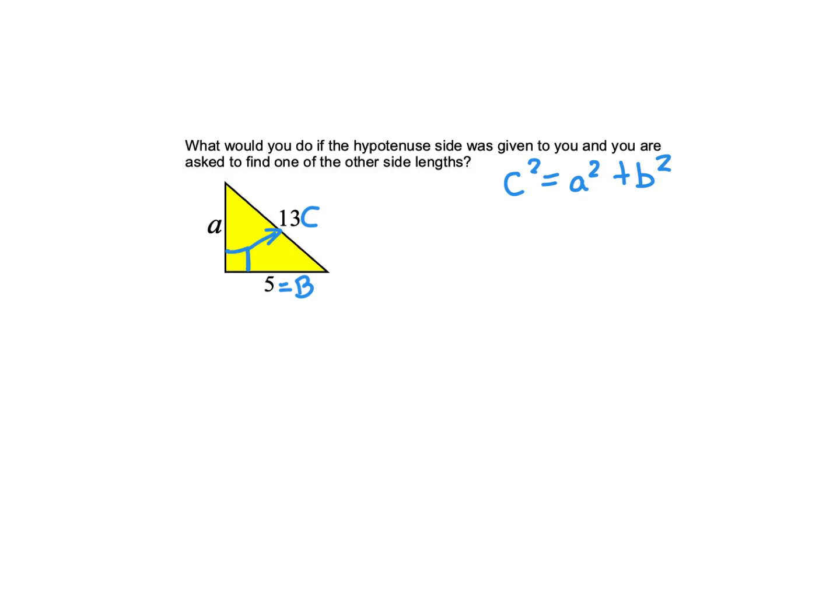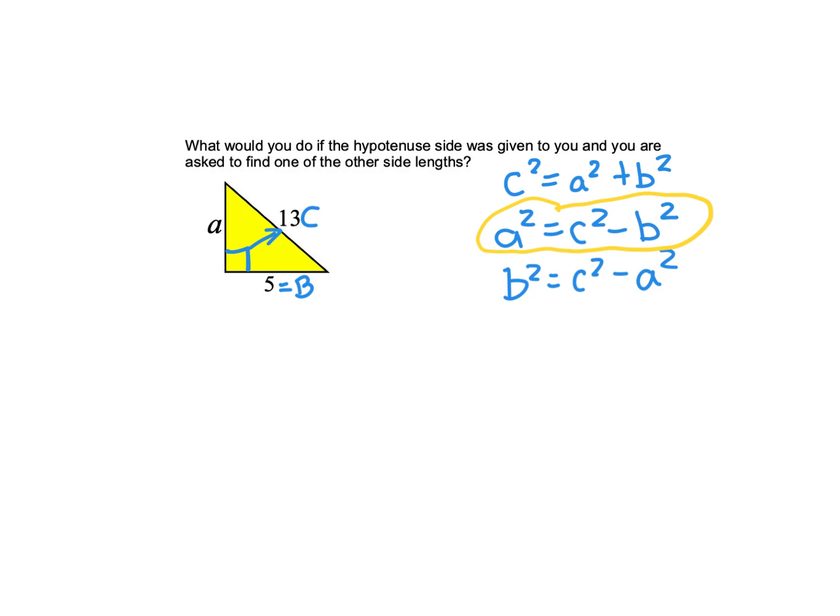But if we're missing a side length, we can rejig that and make it A squared equals C squared minus B squared. And if we're missing B, it could be B squared equals C squared minus A squared. In this instance, we can go with this formula here.